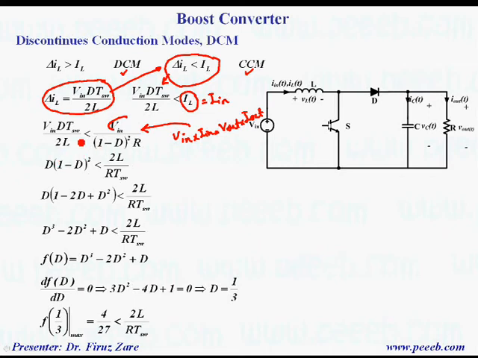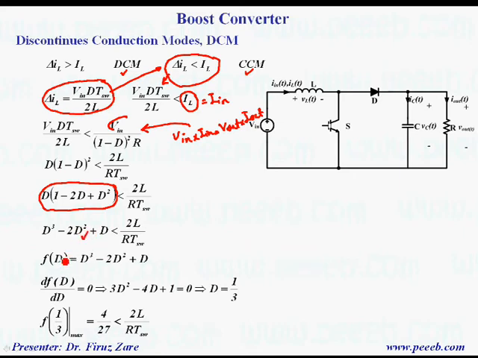When we multiply the duty cycle and shift it to the left hand side, we can simplify the equation. The point is that this term should be less than 2L over RTs.